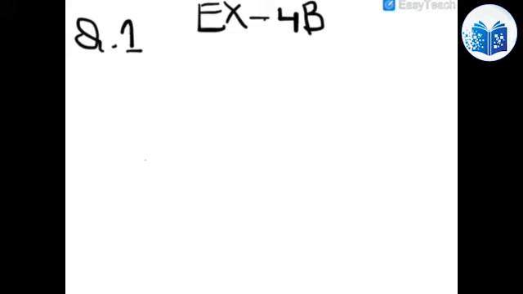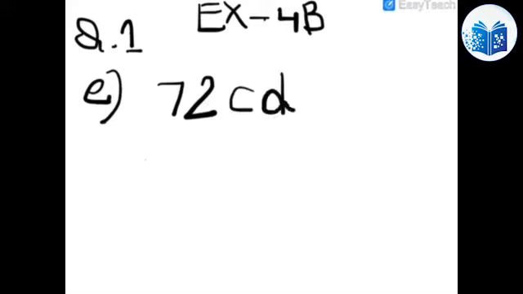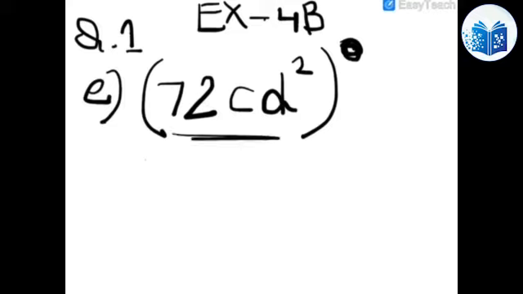Question number E is very interesting. 72cd square, and this whole thing has the index 0 as its power. So what will happen? This entire thing has 0 power, which means this entire thing will become 1.